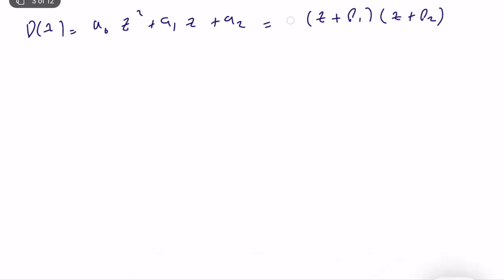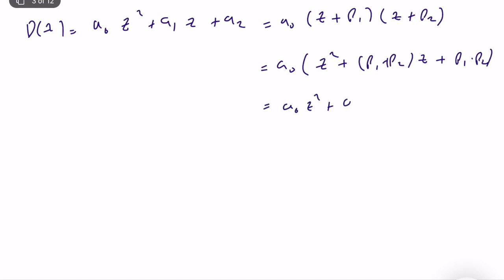This is equal to a0 z squared plus (p1 plus p2) z plus p1 times p2, which is a0 z squared plus a0 (p1 plus p2) z plus a0 times p1 times p2. So we have a constant term p1 times p2.